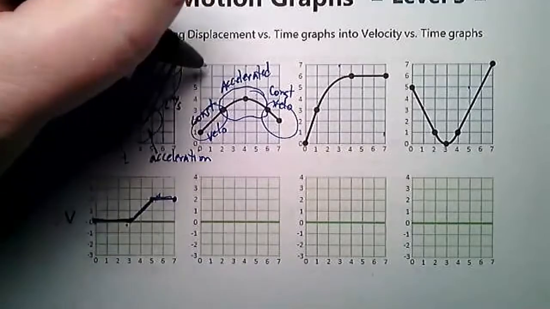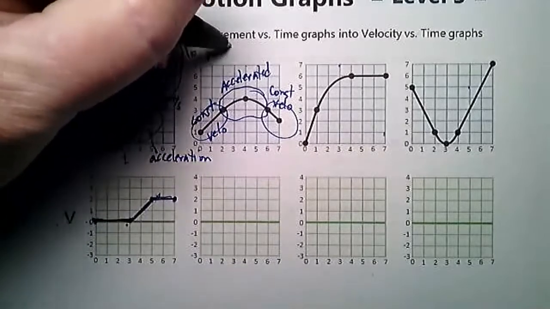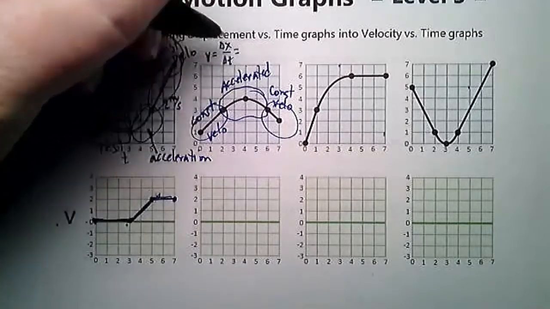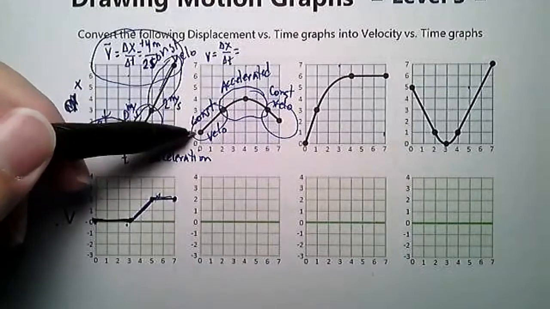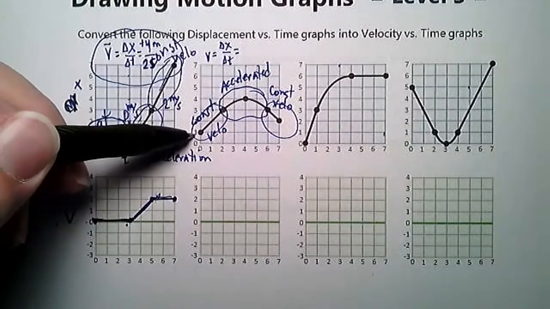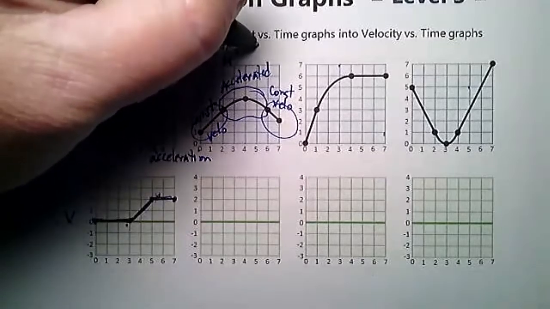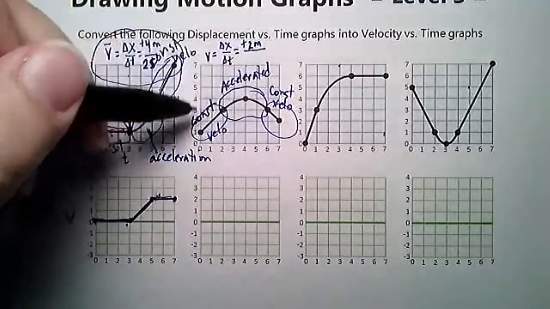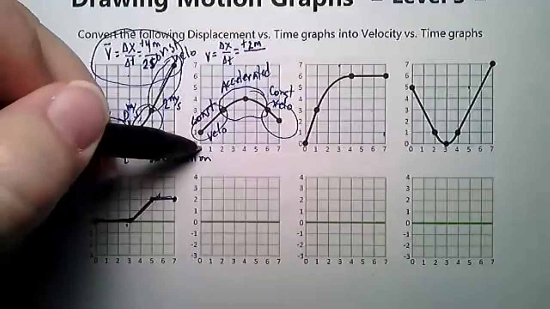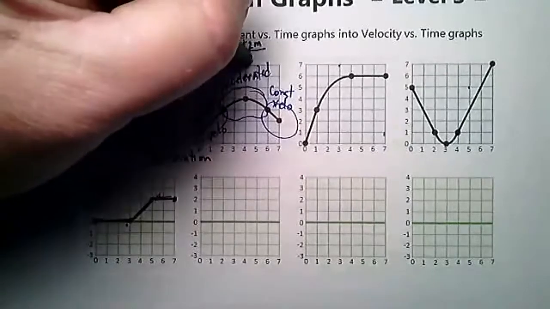I'm going to use v equals delta x over delta t. So what was my change in position? Well, I went from 1 to 3. That means a positive 2 meter change. How long did it take? We went from 0 seconds to 2 seconds. That's 2 seconds.